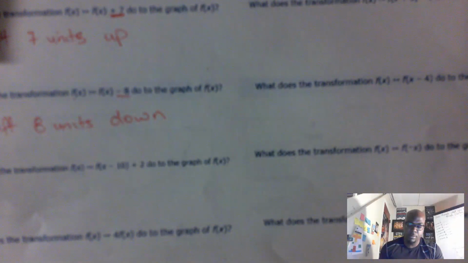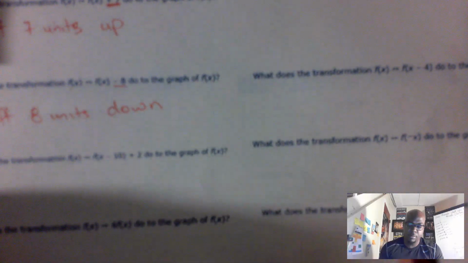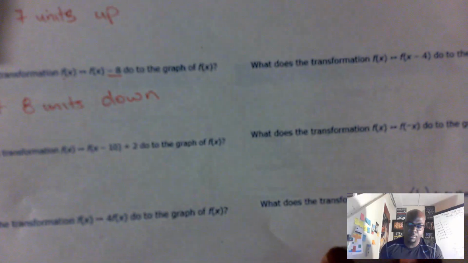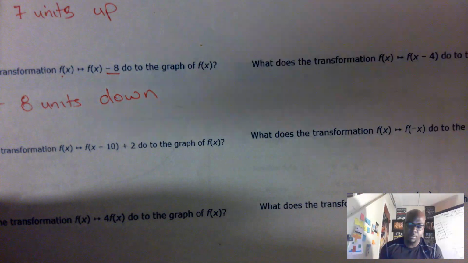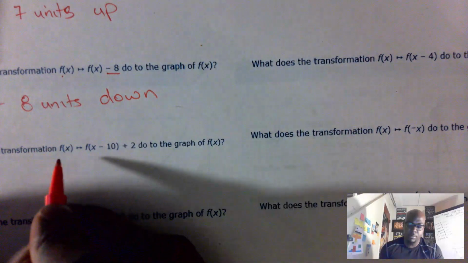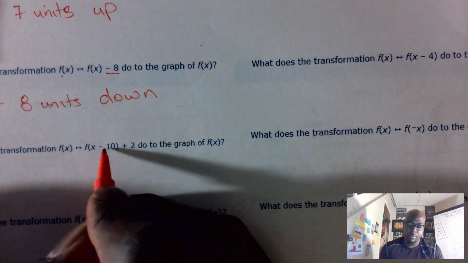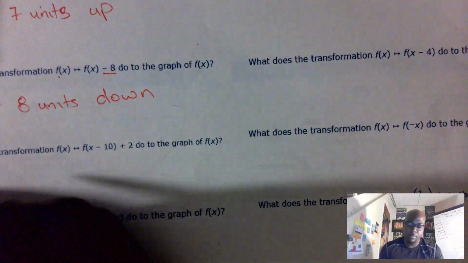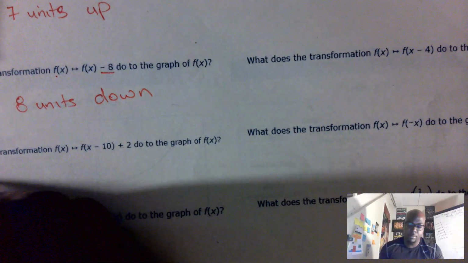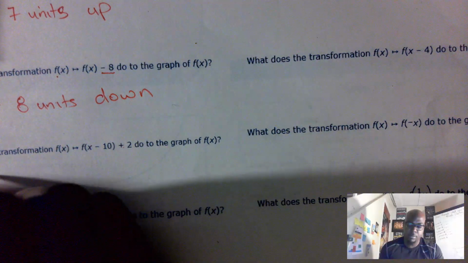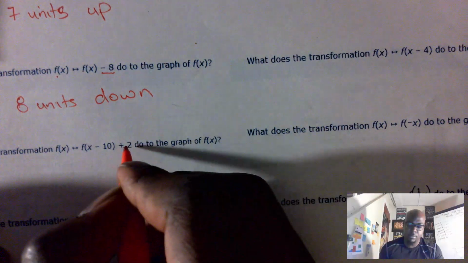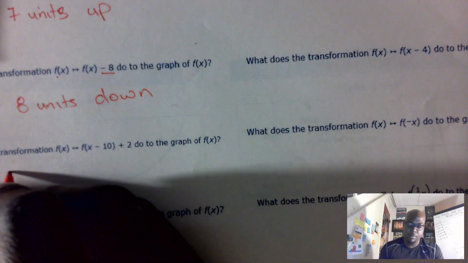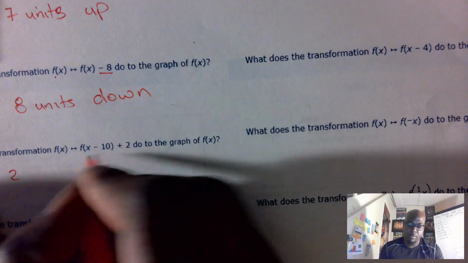So now let's look at what happened here. We're going from f of x to f of x minus 10 plus 2. How are we going to shift? Let's do the middle part first.